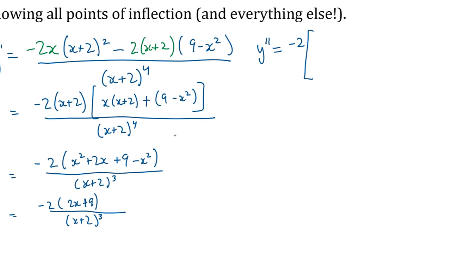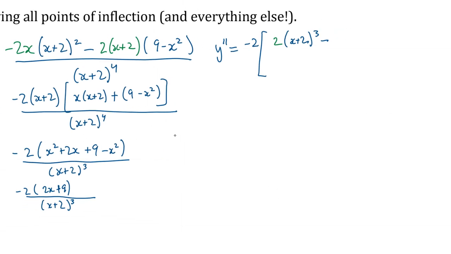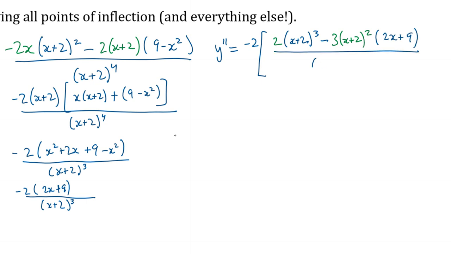Now it looks like 2, because I'm only taking the derivative of that bracket, times the bottom, minus derivative of the bottom times the top, over the bottom squared, which is x plus 2 all to the 6th.